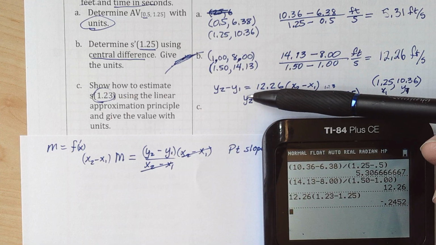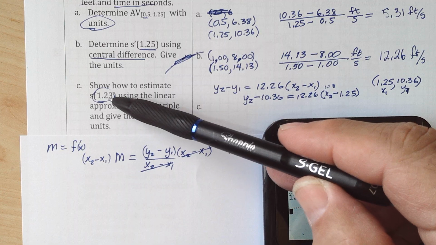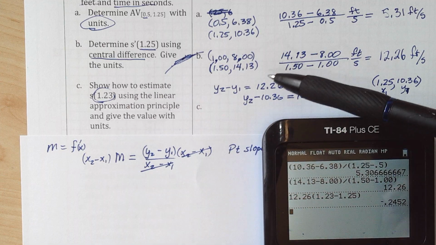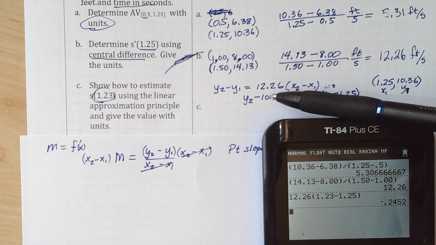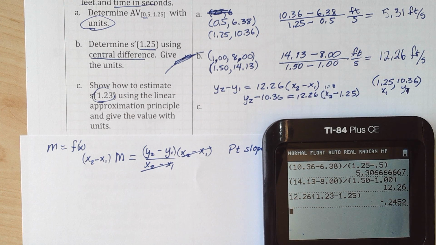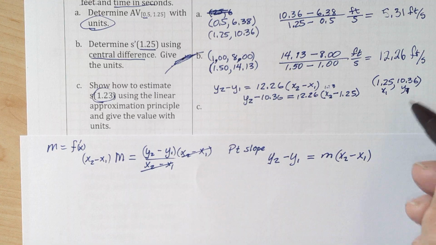Now, to find out the y, the value that we're trying to estimate that goes with the 1.23, we would add this to the other side. So we'd add 10.36, and we get 10.1148.